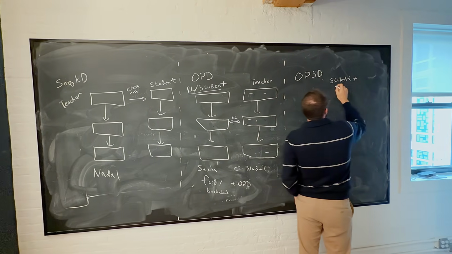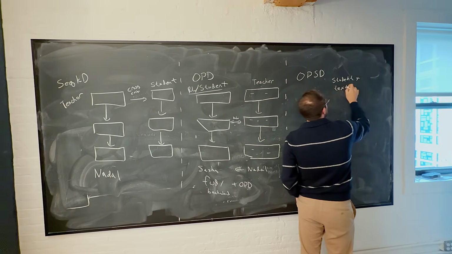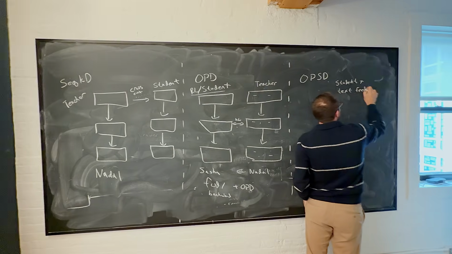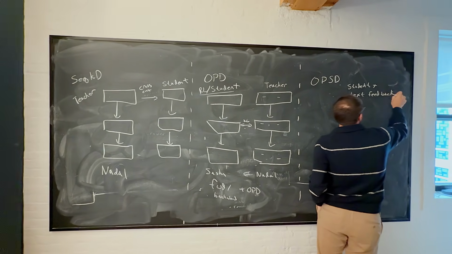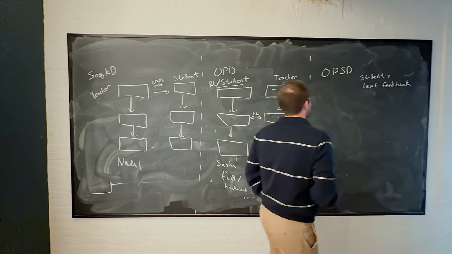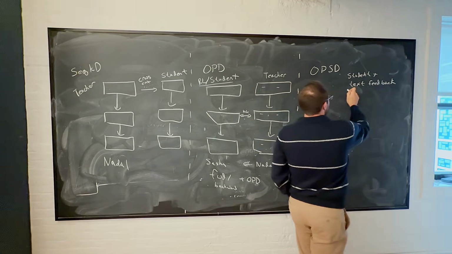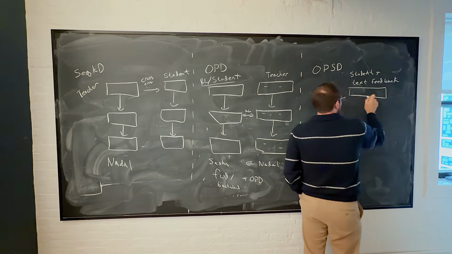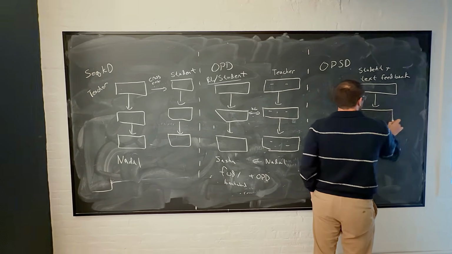plus text feedback. And the text feedback is going to be this extra information that we inject into this trajectory.